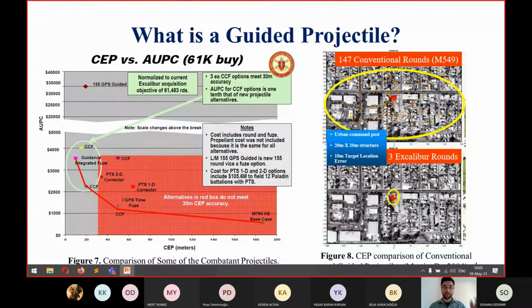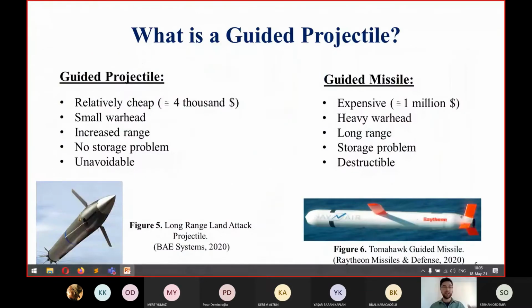Okay, now I want to tell something about guided missiles and guided projectiles also. If operational conditions are suitable, guided projectiles can be used instead of guided missiles also, because they are very cheap when compared to a missile. However, they do not carry huge warheads.